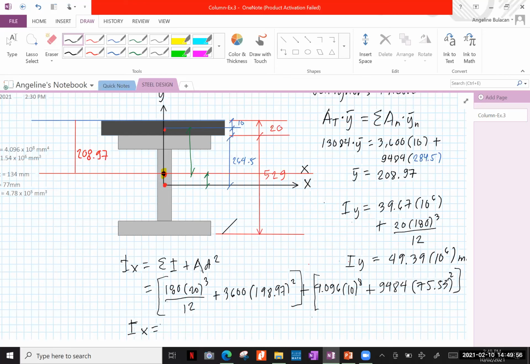So we have Ix is 604.91 times 10 raised to 6. Okay, so please correct me if I'm wrong, baka naman hindi din ako nag-input nang tama. But after calculating it, ito yung lumabas. We have 604.91 times 10 raised to 6 mm raised to the 4th.